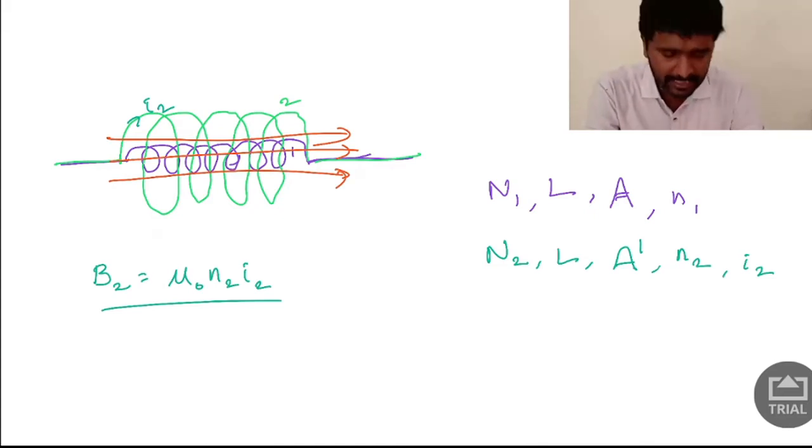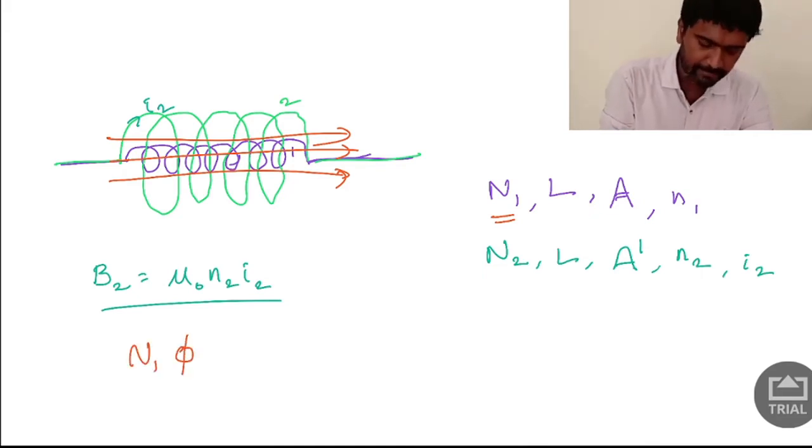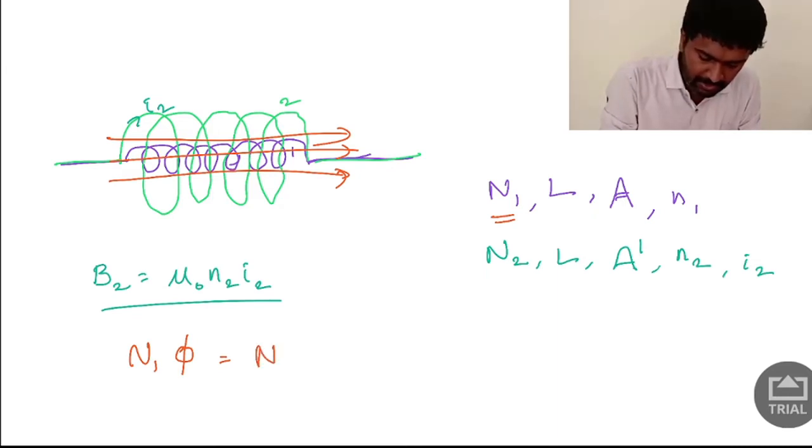Now let us see the flux linkage here. The flux that is going through the first coil is, because total number of turns in the first coil is N1, then N1 times phi flux is going through that. So that equals N1, then phi is B2, that is the magnetic field, times the area.